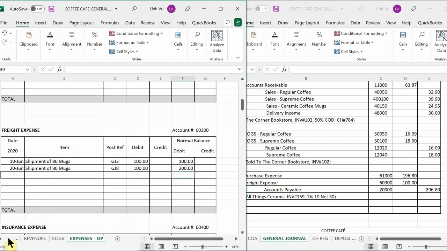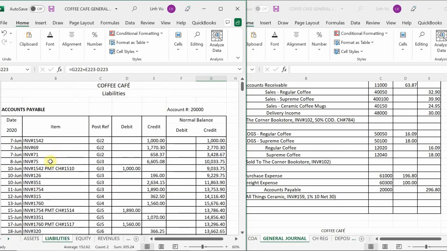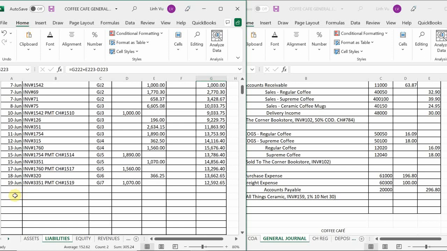Last but not least, we need to update my liabilities because I chose to pay later. Here we go, accounts payable.